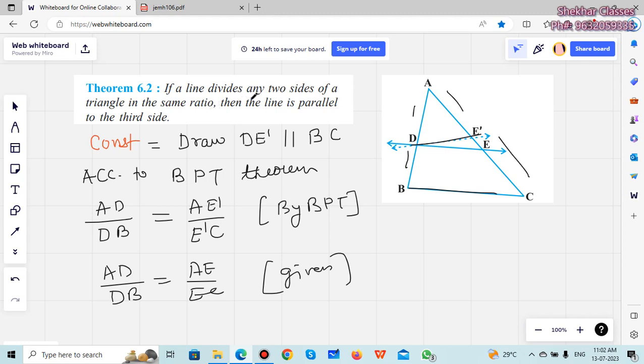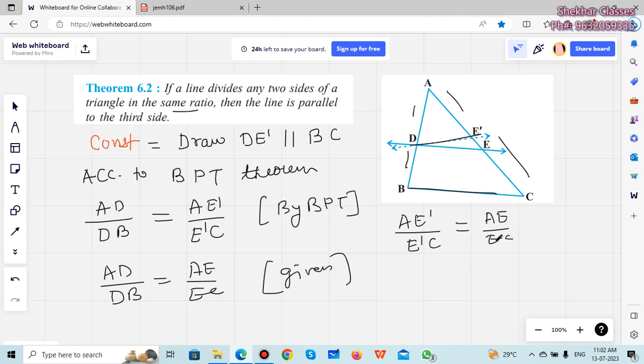A line divides any two sides of the triangle in the same ratio. They have given. Then is it possible? It is possible only when you can see AD upon DB is equal to AE dash upon E dash C, and they have given AD upon DB is AE upon EC. So this is possible only when AE dash upon E dash C is equal to AE upon EC.